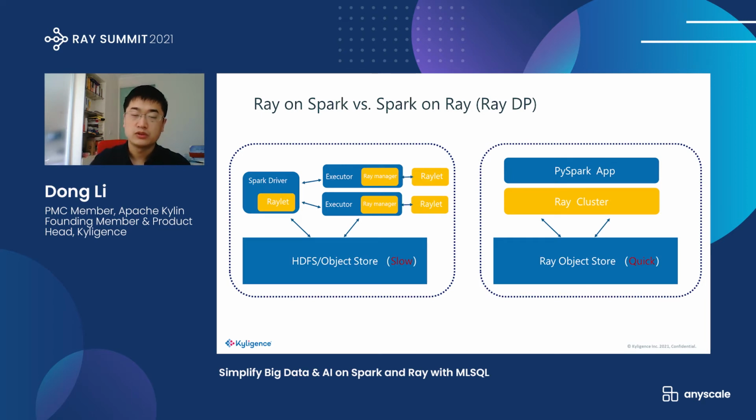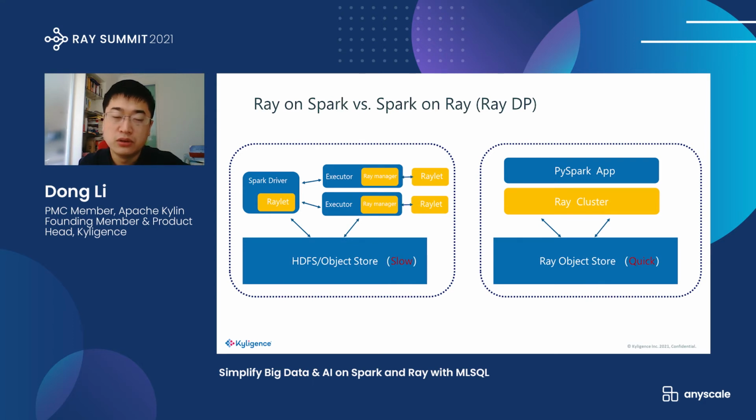No matter which method you use, both of them have the challenges of resource isolation and data exchange. About the resource isolation issue, because the Spark and Ray processes will run on the same hardware and on the same operating system, the environments nearly overlap.